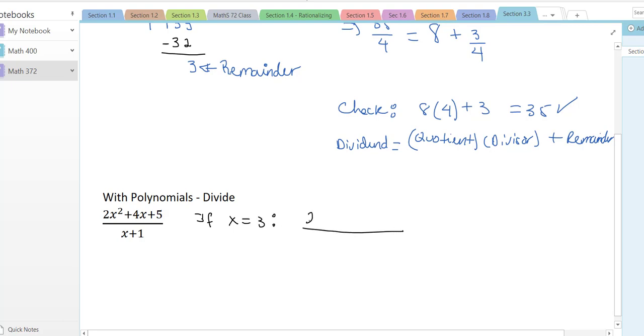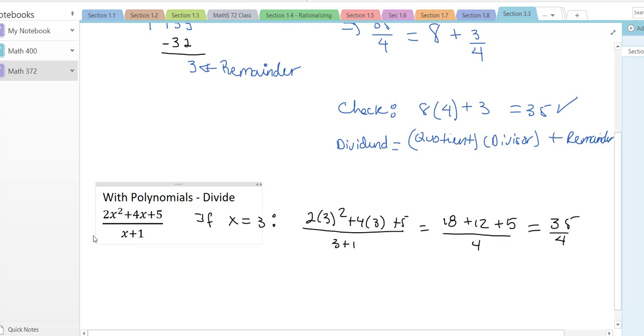Notice that this fraction is going to become 2 times 3 squared plus 4 times 3 plus 5 over 3 plus 1. 2 times 3 squared is 9, so 2 times 9 is 18. 4 times 3 is 12, plus 5 over 4. 18 plus 12 is 30, plus 5 is 35 over 4, which is the division problem we did up there.